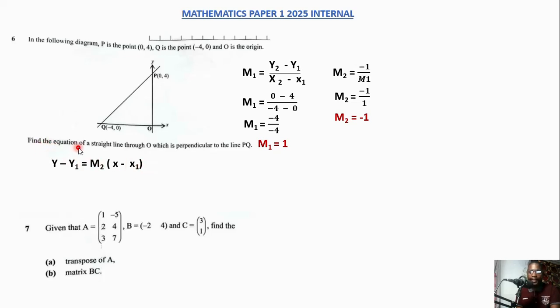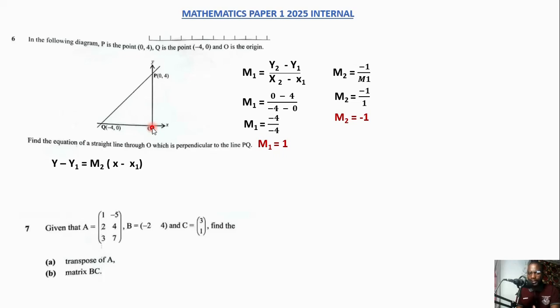They're saying find the equation of a straight line through O. Since our point we're passing at is O, at O the coordinates for y and x are both 0. At O, this is 0, 0 at this point. The value of x is 0 and the value of y is 0. Take note of that, please.